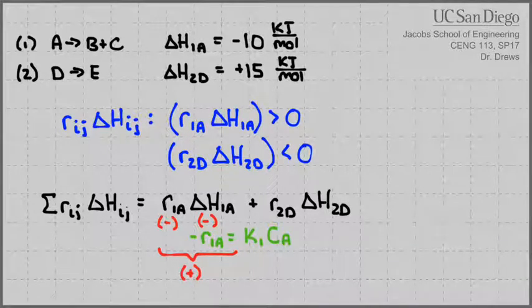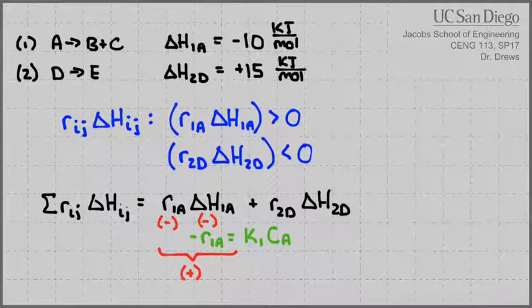So I've double-checked that the way that I will write a rate law, which is usually minus R is equal to some factor k times some function of concentrations, is going to overall give me a positive value. So in general, the first reaction is going to tend to drive the temperature of the system up. It's going to make that slope positive.